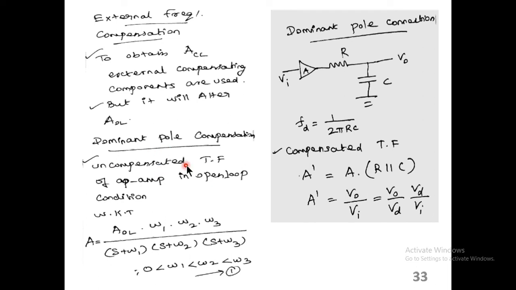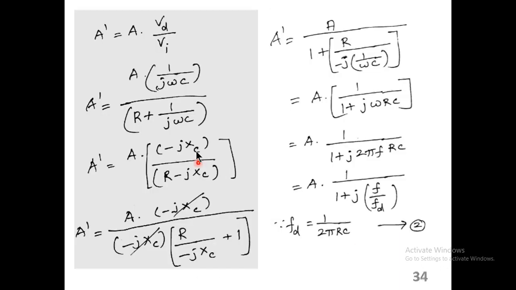The uncompensated transfer function of the op-amp in open loop gain condition is given as equation number 1. For dominant pole compensation, a rough circuit is taken here for analysis. Here the dominant pole frequency is Fd equal to 1 divided by 2 pi RC. This is the compensated transfer function. By doing the analysis, finally we get A dash equal to A times 1 divided by 1 plus j times F by Fd, equation number 2.